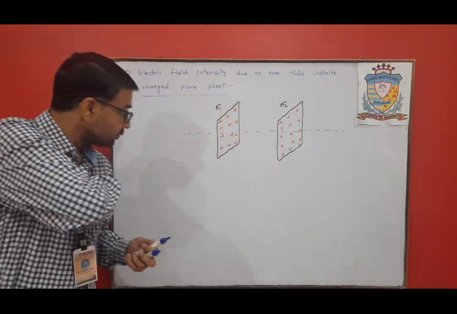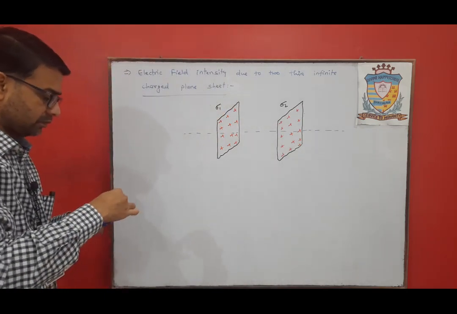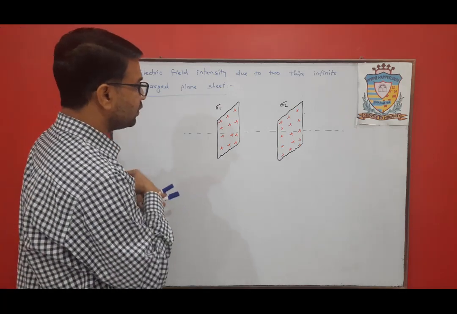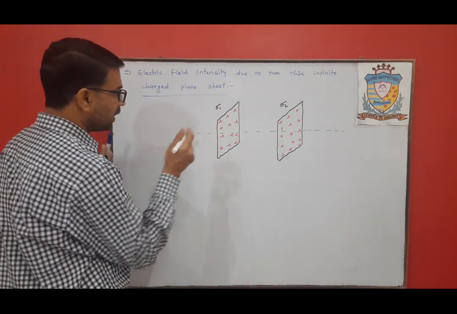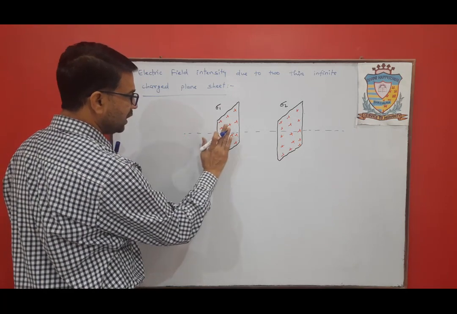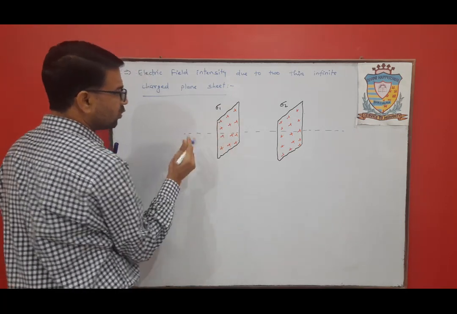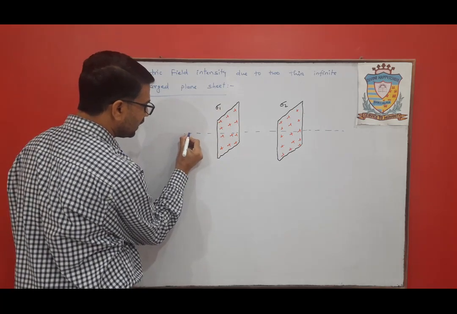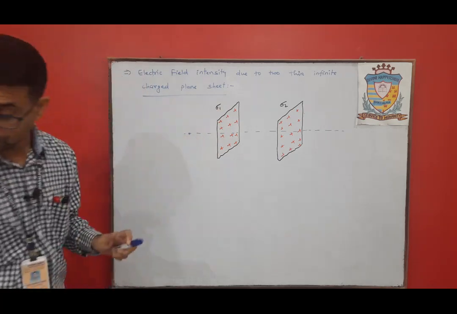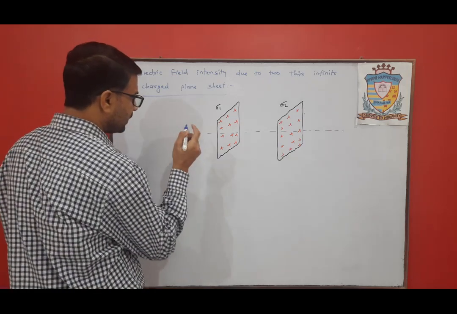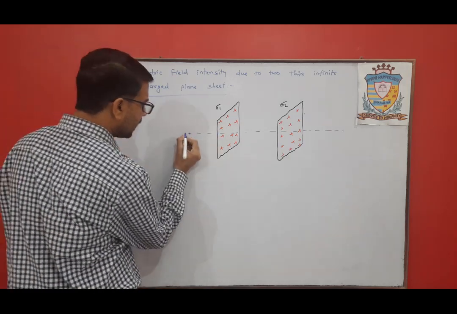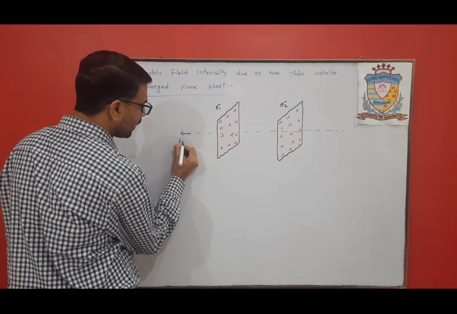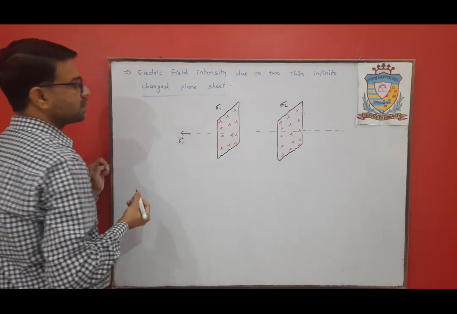So here we have three different regions to calculate. First here we will calculate the electric field intensity due to sheet 1. The direction of electric field intensity at this point is radially outward.